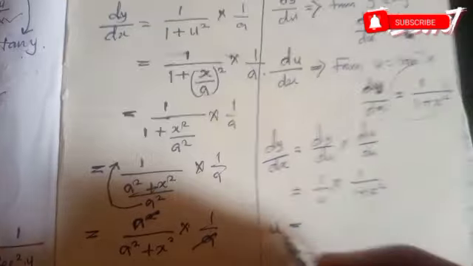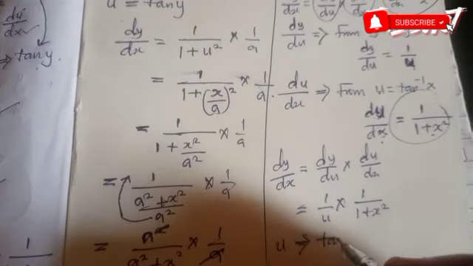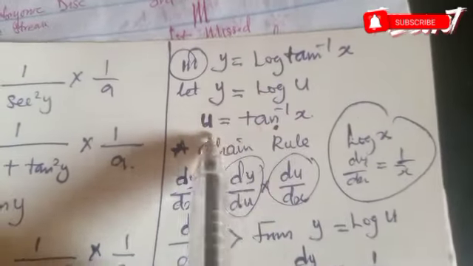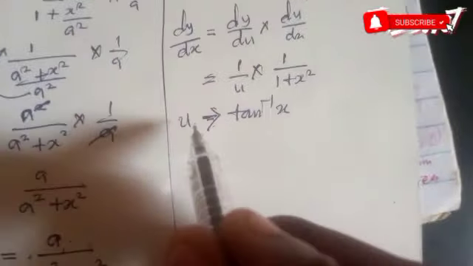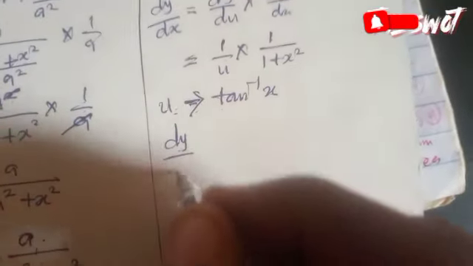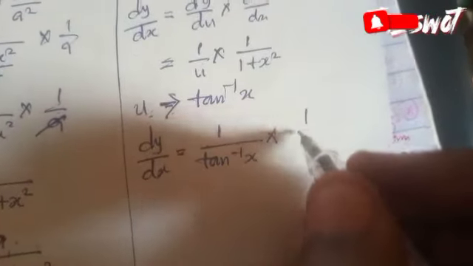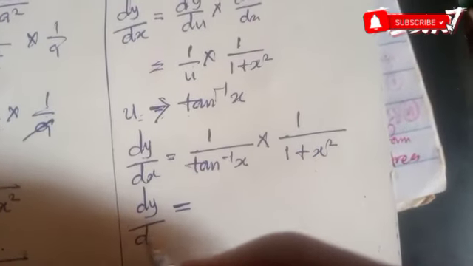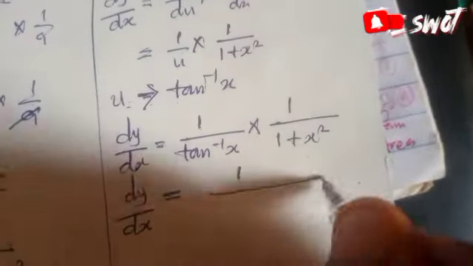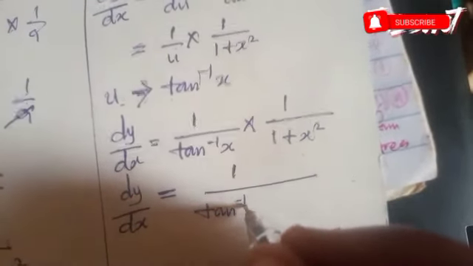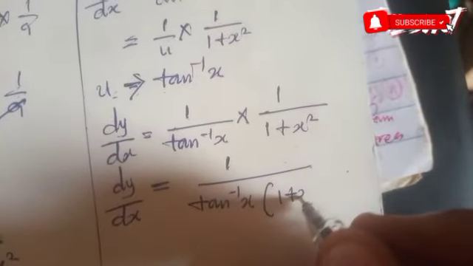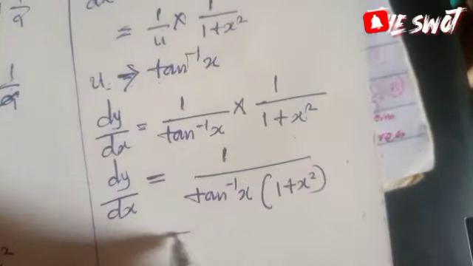So our u is what? u is tan inverse x. So our dy dx fully will now be 1 over tan inverse x times 1 over 1 plus x squared. Merge this together, and we have our final answer: 1 over tan inverse of x times 1 plus x squared. So this is the answer.